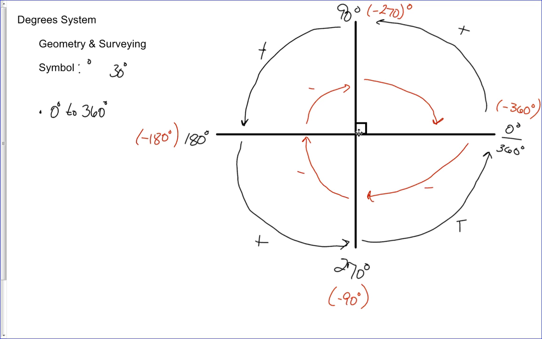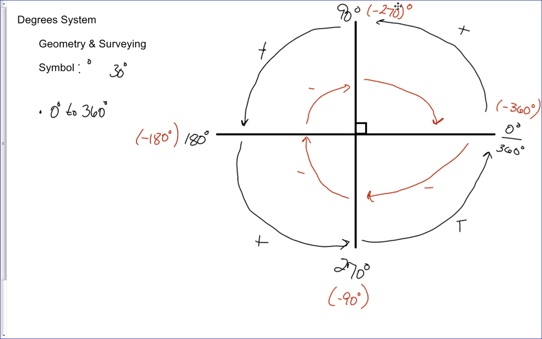Now if you're told to go backwards and you get negative 270 degrees, if you said 90, that means you're starting here and going this direction, so you're only going physically 90 degrees. But to signify that you've gone 3/4 of the way around, you need to say negative 270.